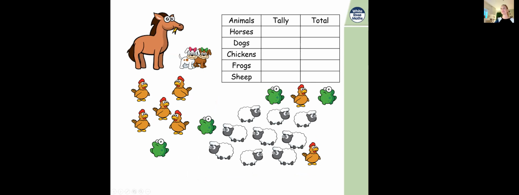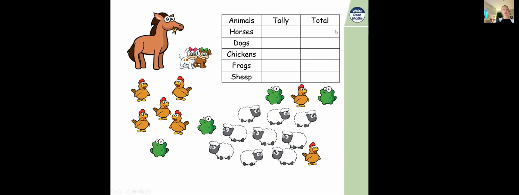And I can see this column, the animals column, has all of the animals that we just talked about listed below.